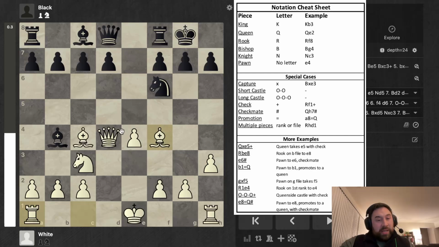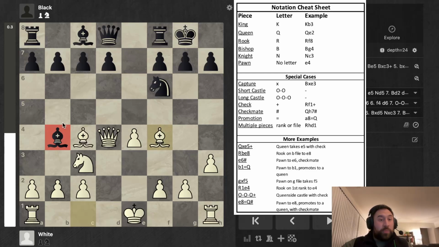And then finally, the only one, and I'm not going to be able to get it into a position, but really the only other main special case that you guys should focus on, sorry, there are 2 more. So the first one is checkmate. Checkmate is going to look very similar to how we had the check. So remember with our bishop check, we had bishop b4 check, which was written as b4 plus.